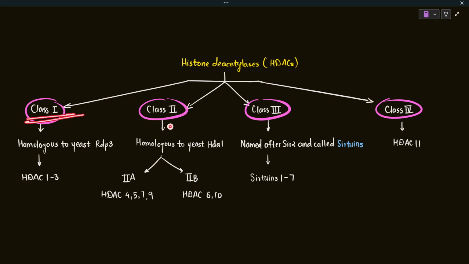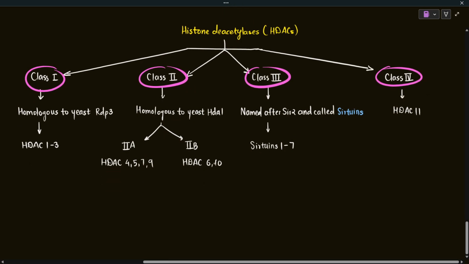Class 2 is further categorized into two classes, 2A and 2B, due to different domain organization and sequence homology of the HDACs.